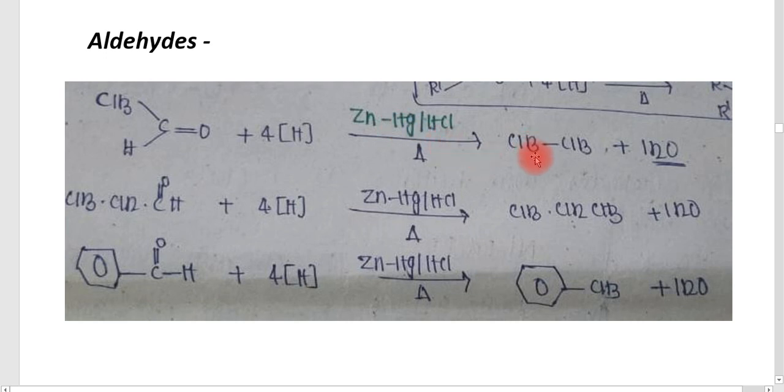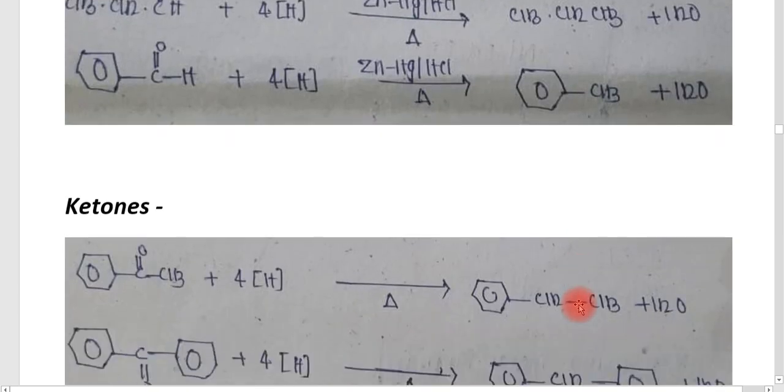You will get CH4 as a product plus H2O, elimination of water. Here CH3CH2 C double bond OH plus 4 hydrogen in the presence of zinc amalgam and HCl. You will get the same number of carbons as a hydrocarbon plus water. Here it is benzaldehyde undergoing the Clemmensen reduction, you will get C6H5CH3 plus water.